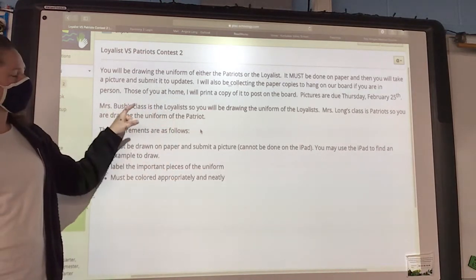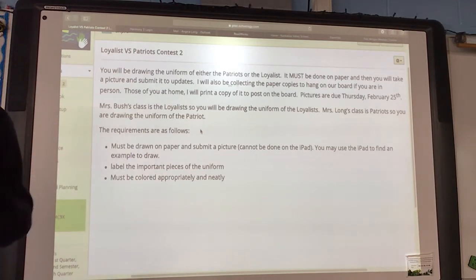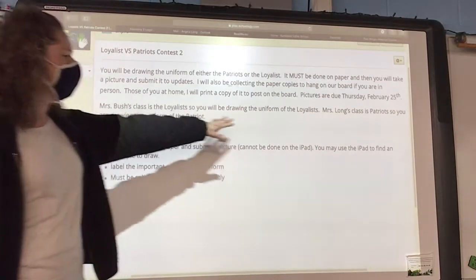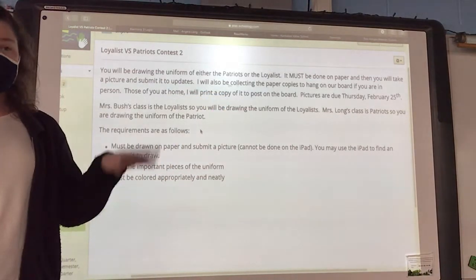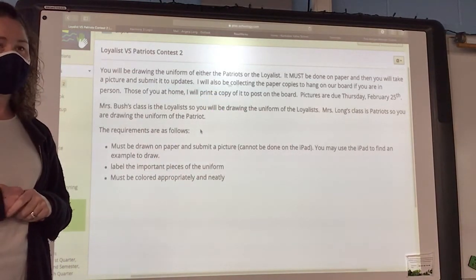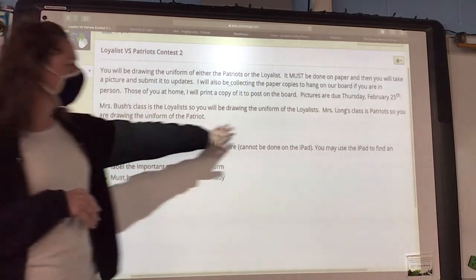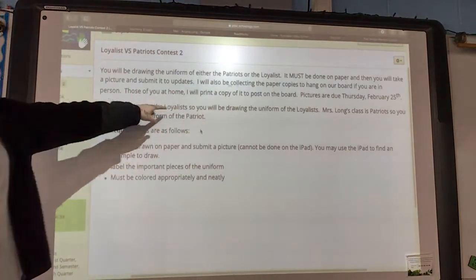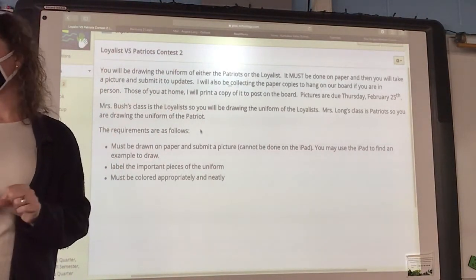So you're going to take and design or draw. You're not really designing anything. You're drawing the uniforms that either the Loyalists or the Patriots wore. So we're the Patriots. Okay, so you would draw the Patriots. Okay, if you're Mrs. Long's class, you're drawing the Patriots. If you were Mrs. Bush's class, you're a Loyalist. So you would be drawing the Loyalist uniform. Notice it has to be drawn on paper.